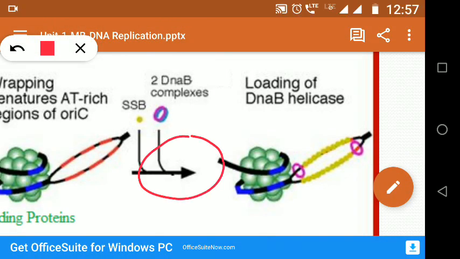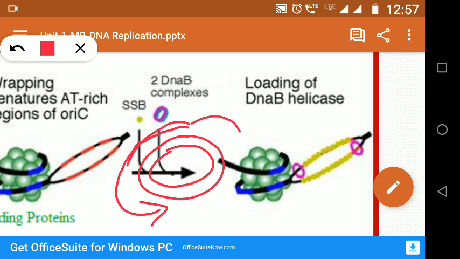Suppose this is the double stranded DNA, E. coli double stranded DNA. What happens? One replication machinery moves in this direction, another will move in this direction. So that means we have two replication forks, two replication assemblies, and bidirectional synthesis.